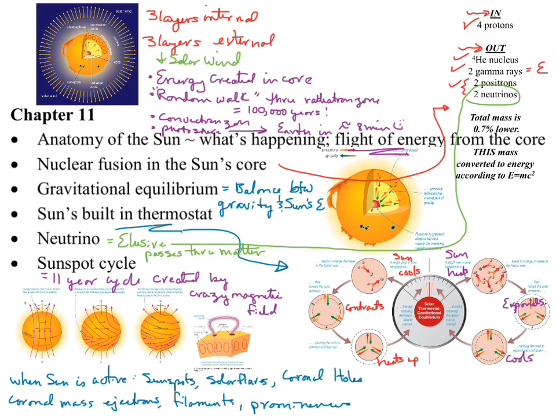Then at the bottom in blue I said when the sun is active, you get sunspots. What else did I say? Sunspots, solar flares, coronal holes, coronal mass ejections, filaments, and prominences. And this actually I'm going to post under Doc Sharing too, like usual.